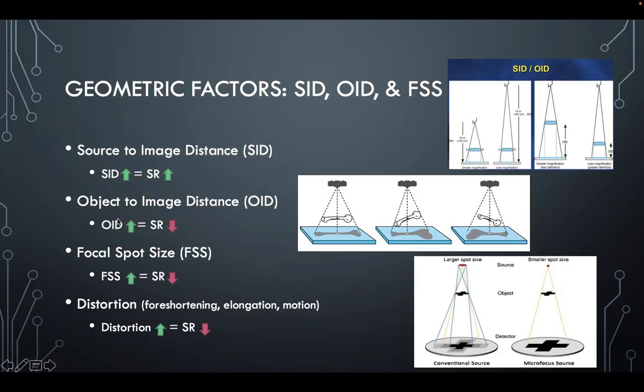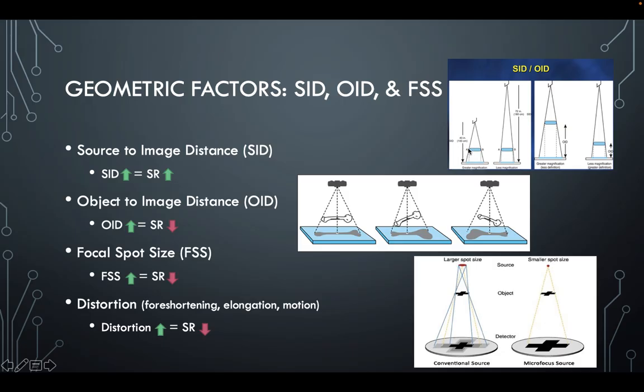Object to image distance, OID, as that increases, spatial resolution is going to decrease. And so please take a look over here. So if you notice, I don't have a very long SID here, and I'm going to get an image that has decreased spatial resolution in comparison to this one, where I have a better representation of my actual object.